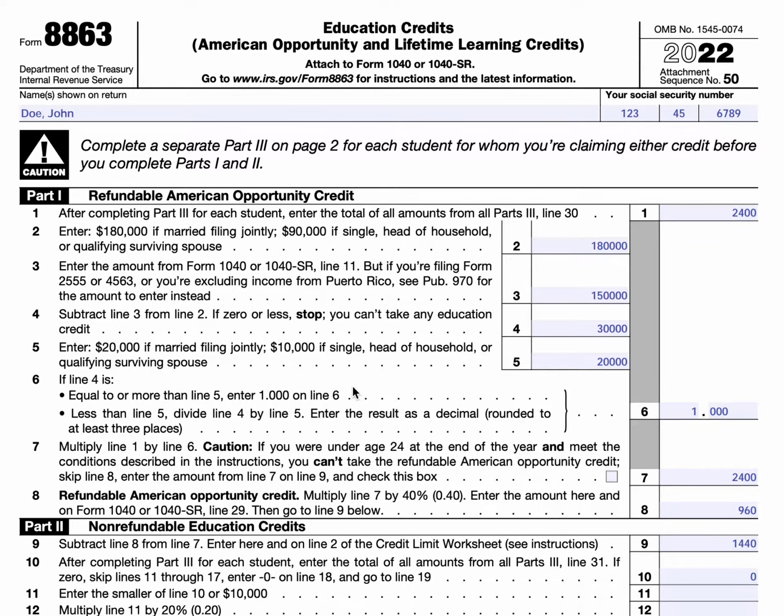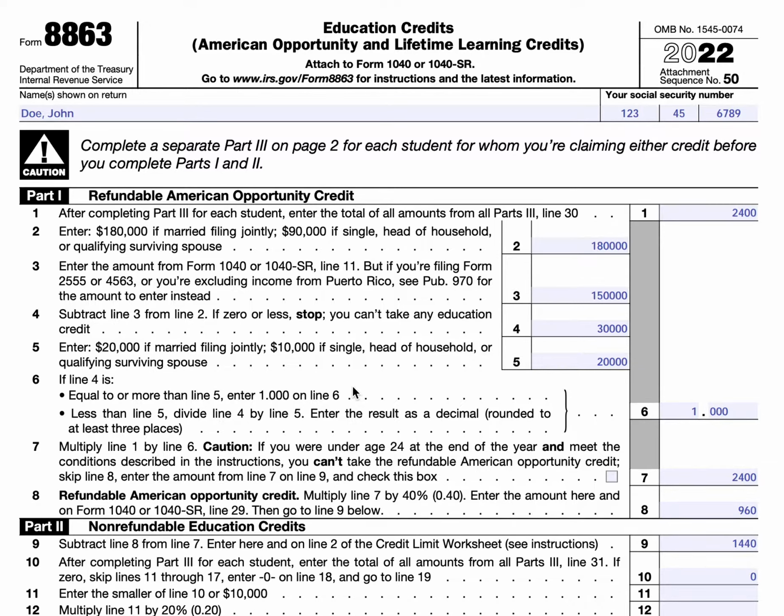As you will see when we go through this tax form, it breaks down a couple of criteria. So, first 4 years, a part of it is a refundable tax credit, which means the refundable part of the tax credit can actually reduce your tax liability below zero.